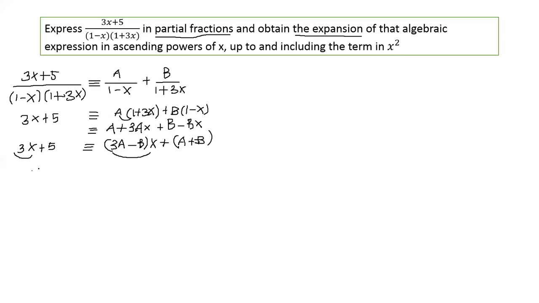So we may write down like this, 3a minus b equals 3, because they have the same variable x. And a plus b equals 5.